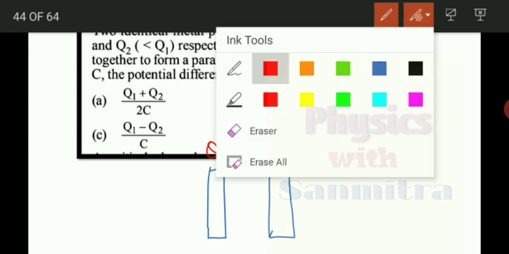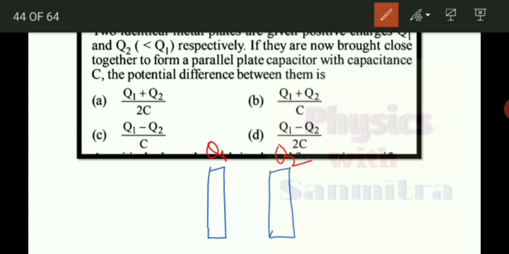Let's assume on one side I am giving Q and on the other side minus Q, because of induction. Now this will become Q1 minus Q and this will become Q2 plus Q.